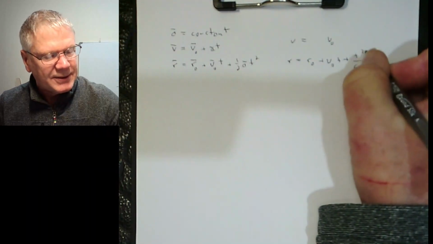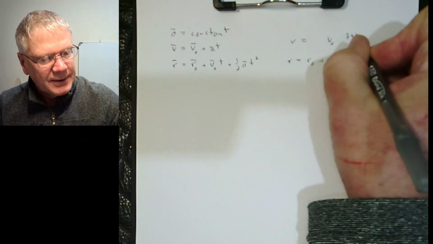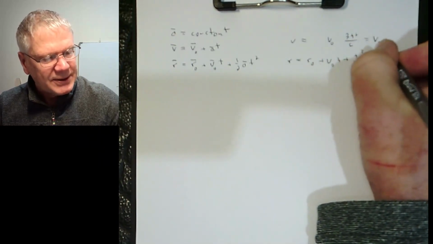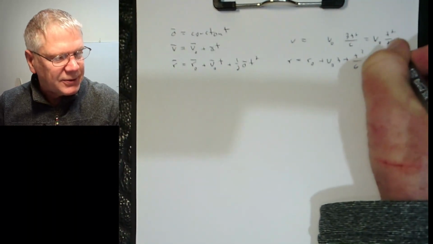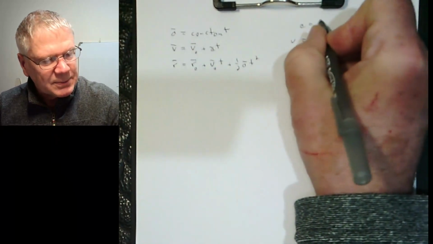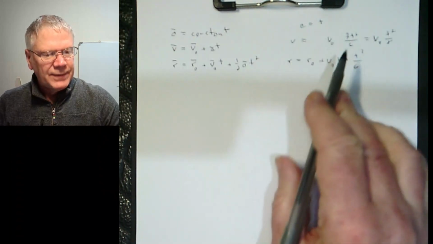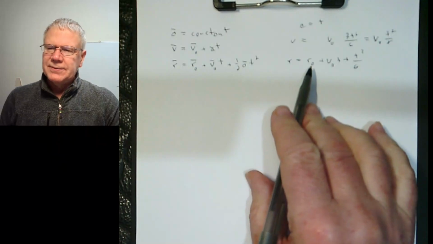The derivative of t to the 3 is 3t to the 2 over 6. So you get v0 plus t squared over 2. And then acceleration would just be t. So the acceleration is increasing with time. And we deal with the rate of change using derivatives in general.